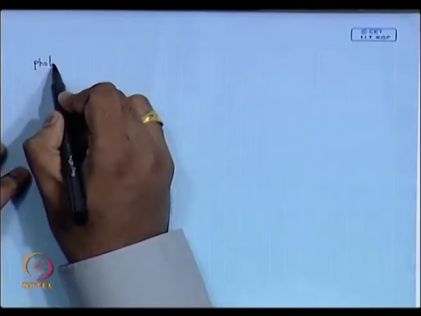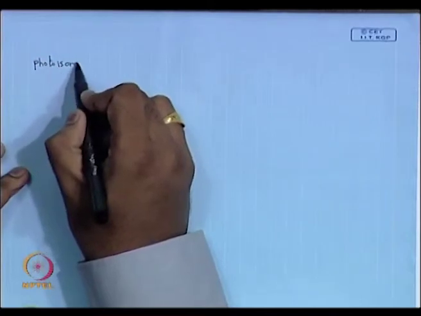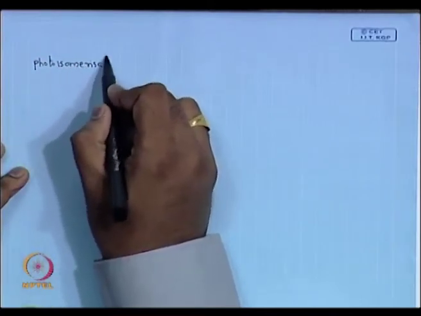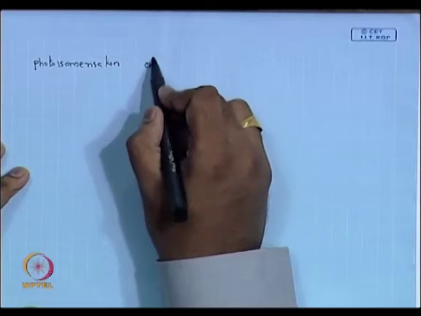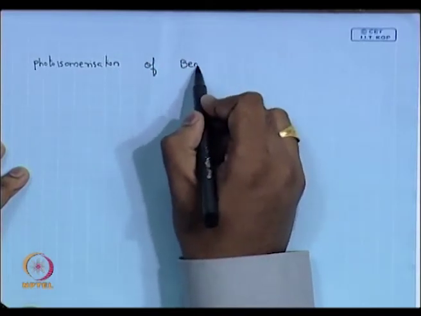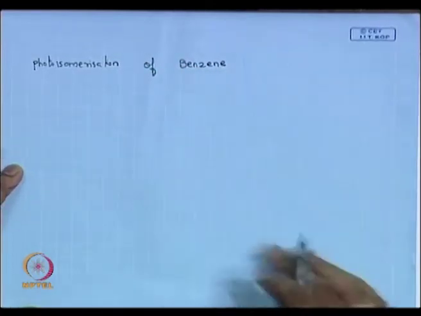Now we will start with dienes as well as aromatic compounds. I will give you an assignment where we have problems which you can do and submit. Now we can go to photoisomerization of benzene systems.